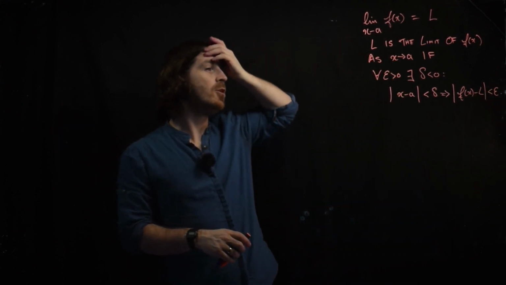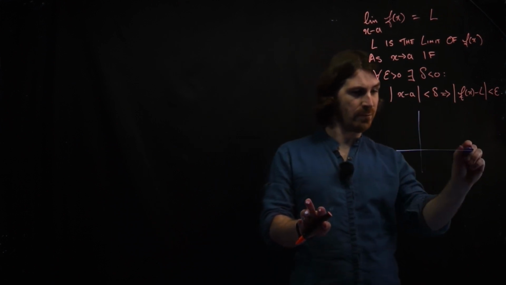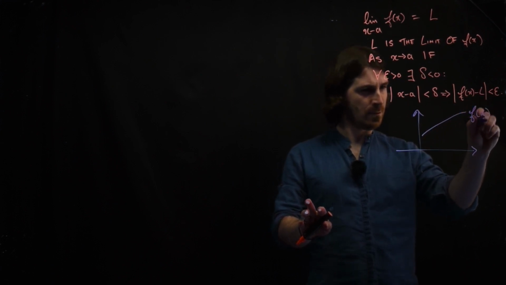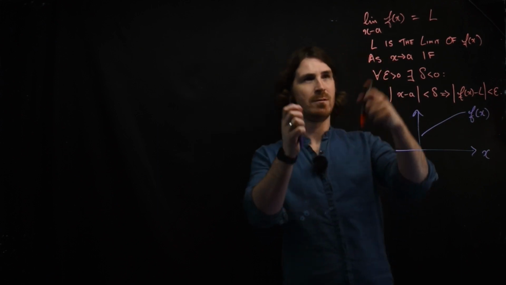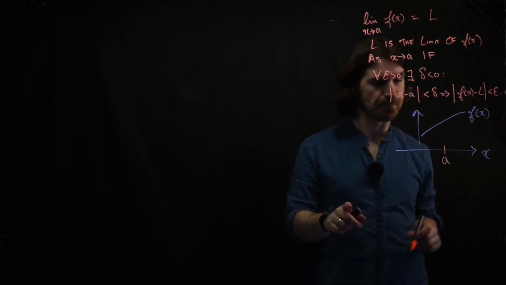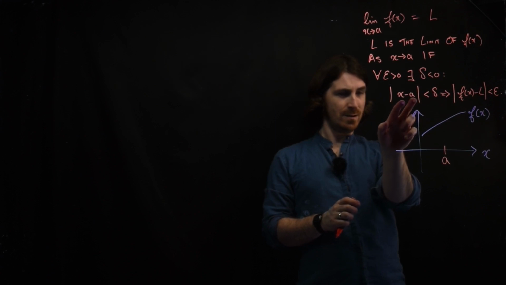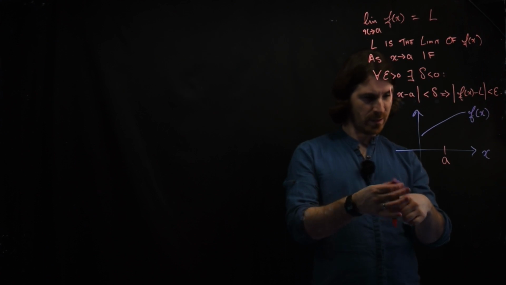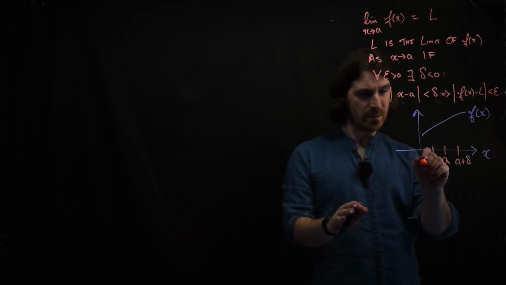Okay, so it's a rather complicated statement, but all it says is that if we draw the graph of f of x, and we want the limit as x goes to a, sorry, should be an arrow there. So this is the point A. Then you look at the distance from A and it should be less than delta. So let's have an A plus delta and an A minus delta.